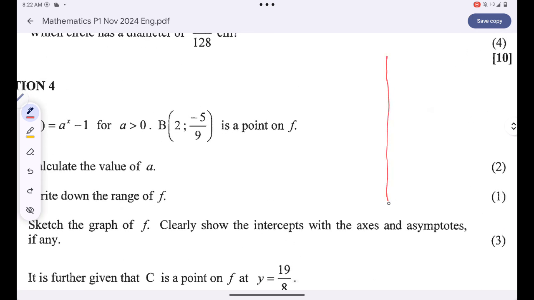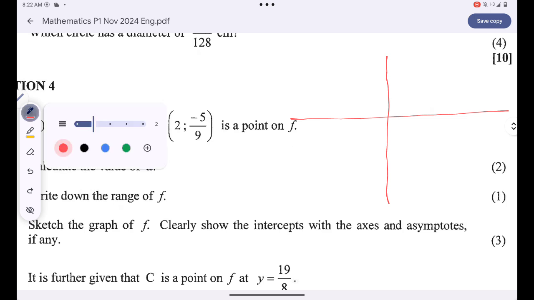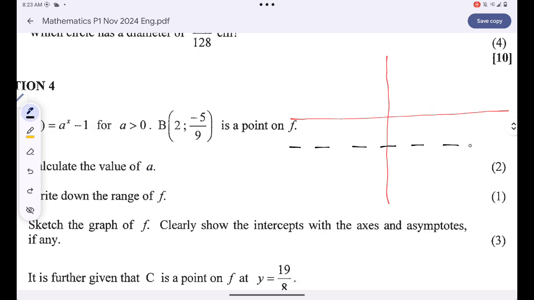This will be my Cartesian plane over there, and I'm told that at -1 I have my horizontal asymptote. Let me indicate my horizontal asymptote in black. This is my horizontal asymptote, and the y value over there is just -1.